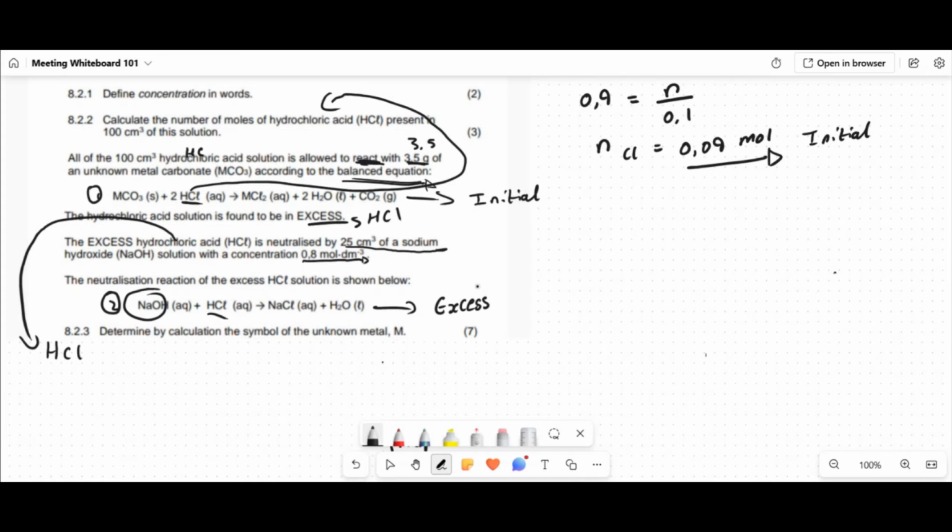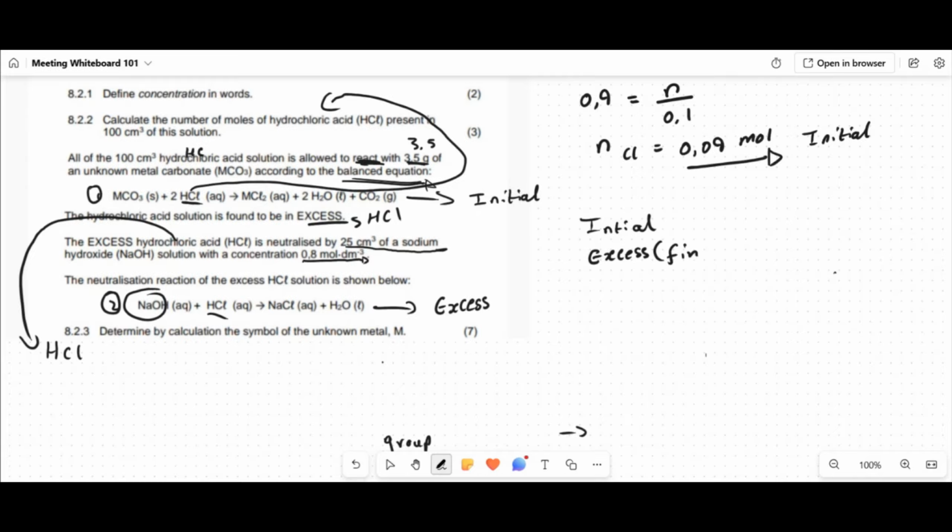The most important thing that we will need is the number of moles of hydrochloric acid that have reacted. Because, one, we have initial, and then here we have the excess. Excess actually means the final.